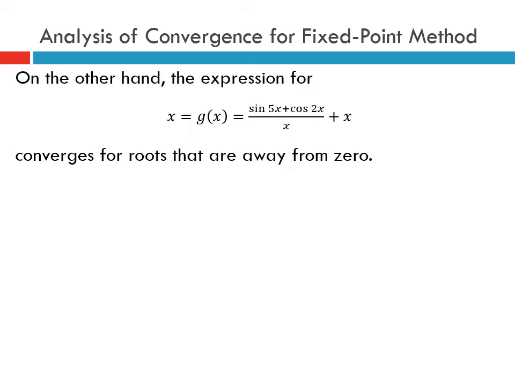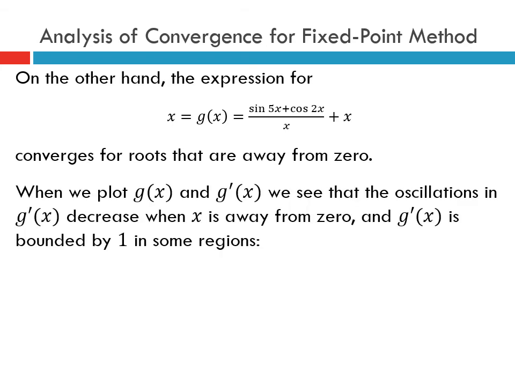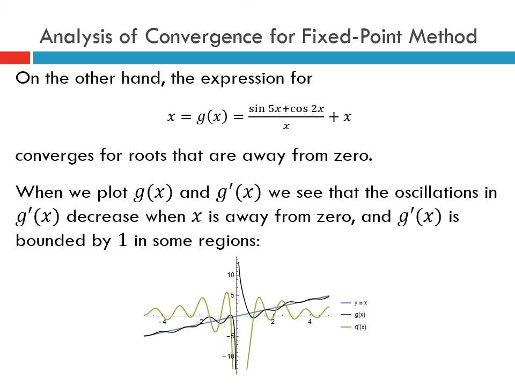On the other hand, when we wrote the expression in this form, it converges for roots that are away from 0. And so we can plot, again, our function g and its derivative g prime, and see that the oscillations in the derivative decrease when x is away from 0, and that g prime of x is bounded by 1 in some regions.